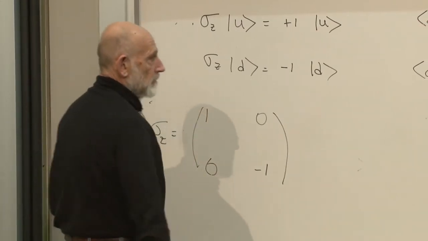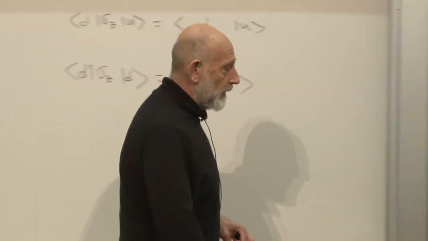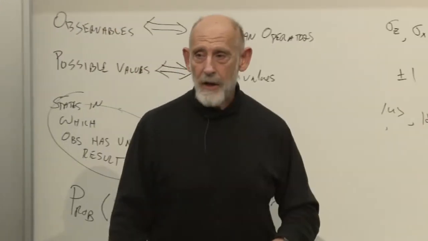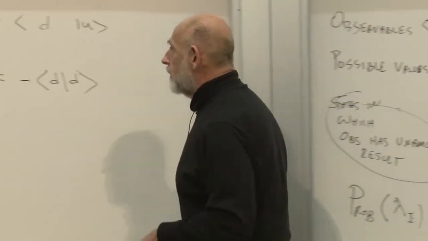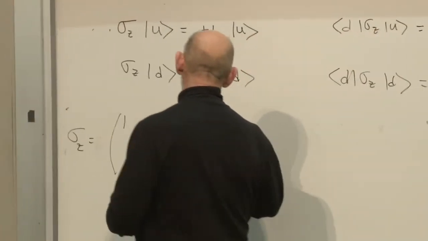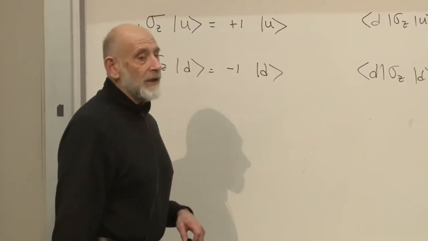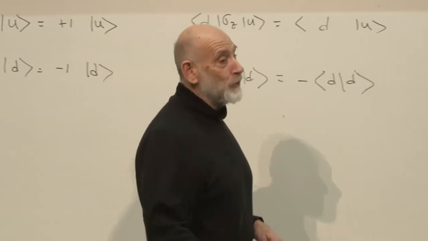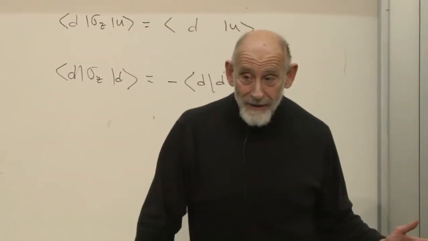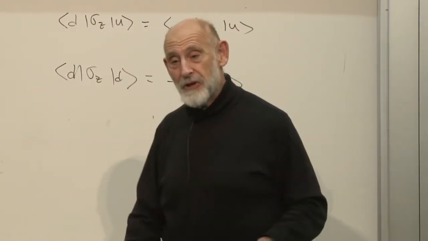These are called the Pauli matrices, sigma x, sigma y, and sigma z. Let's see what we can find out about sigma x. Now, if I use the basis of left and right, of course I would just find exactly the same thing.